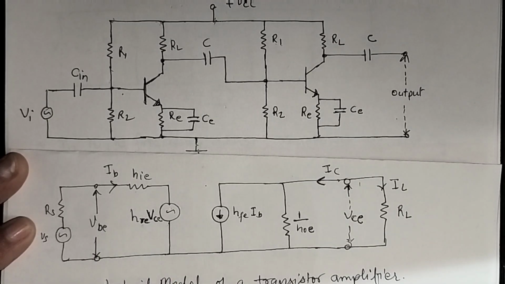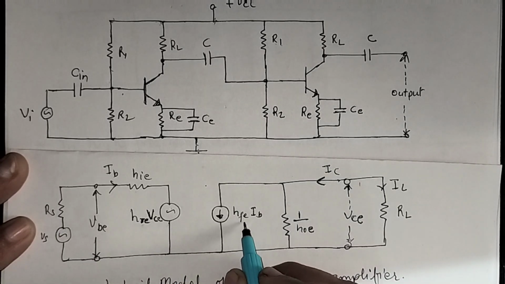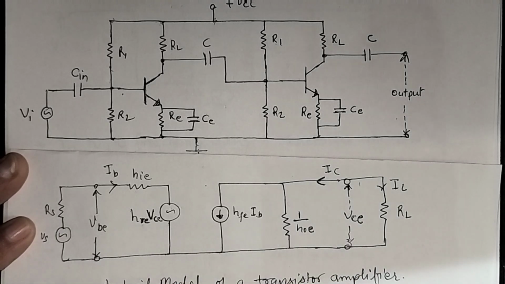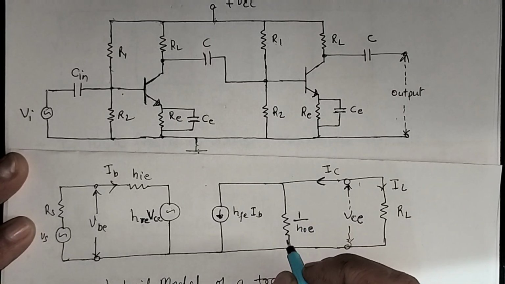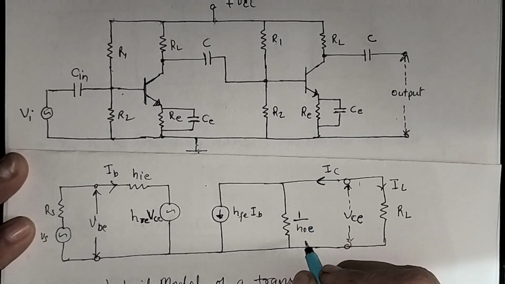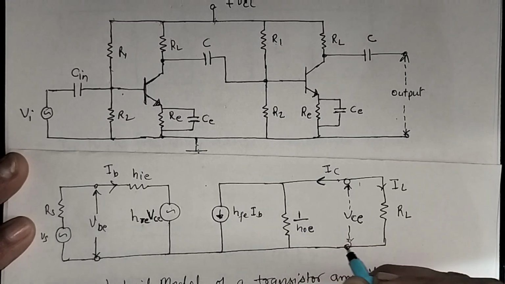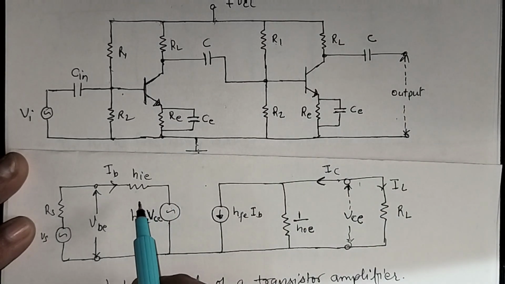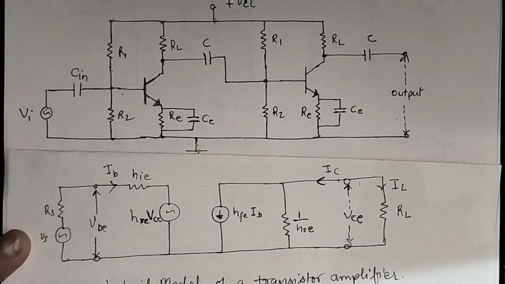HRE is the reverse voltage gain of the transistor, and VCE is the output voltage. HFE is the current gain of the transistor, and HOE is the output admittance. So to make it a resistance, we have written 1 upon HOE, means output impedance. HI is the input impedance of the transistor.